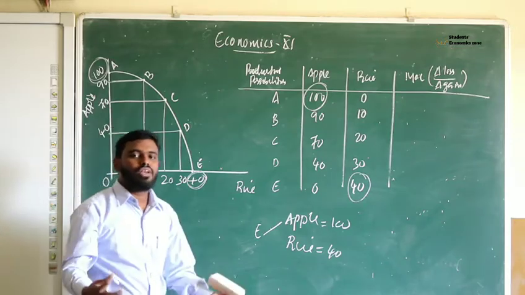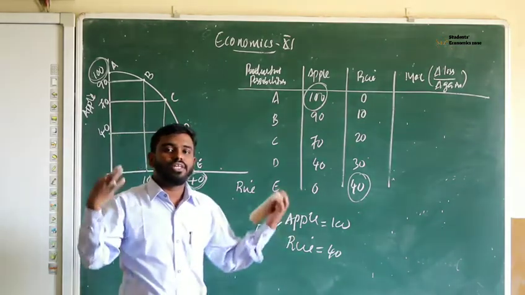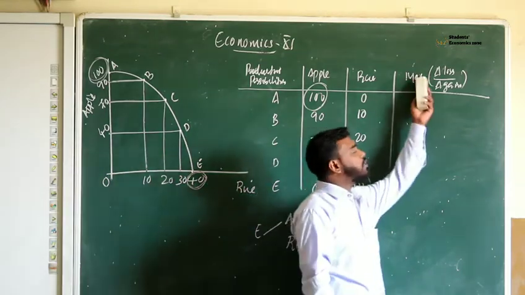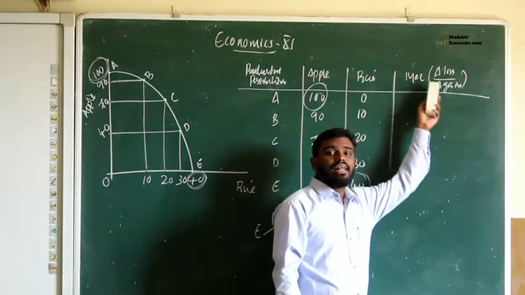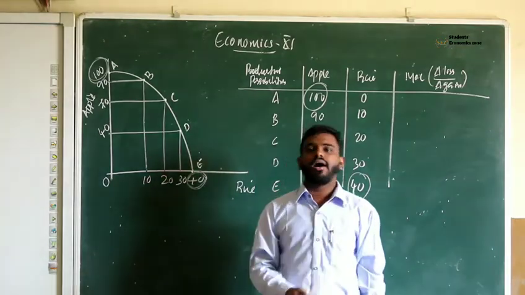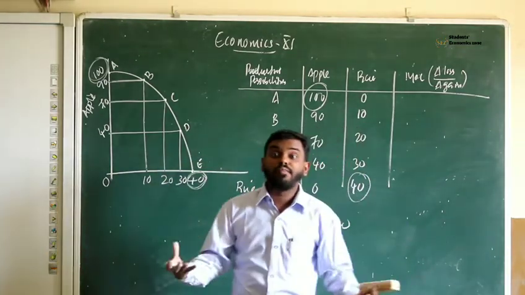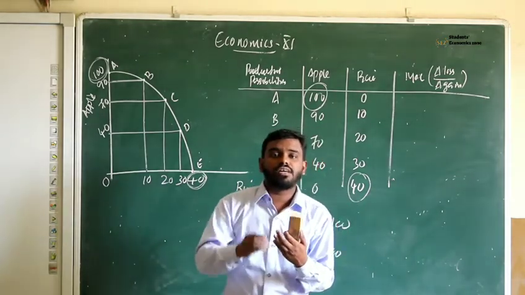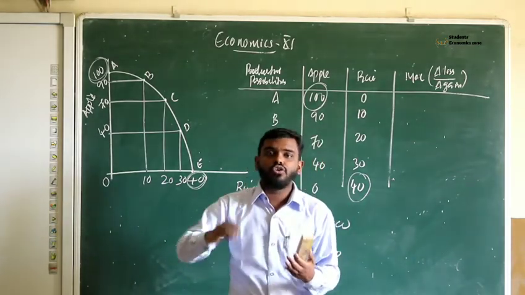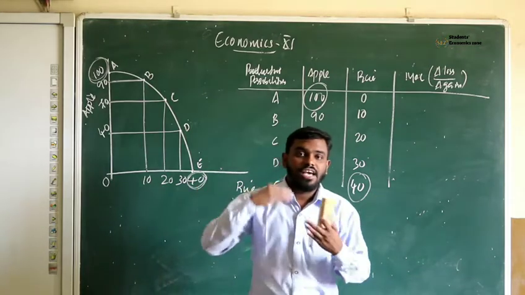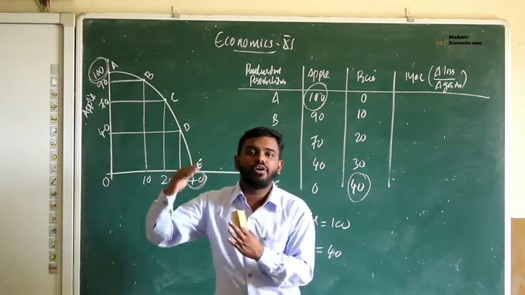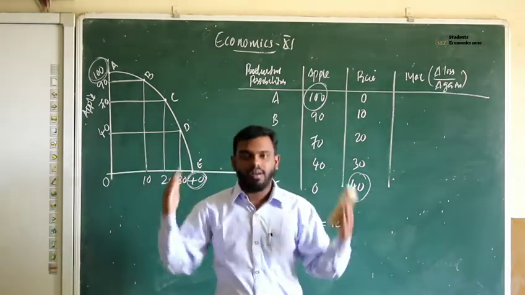Now we need to calculate marginal opportunity cost. How can we calculate marginal opportunity cost? Marginal opportunity cost is equal to delta loss divided by delta gain. When will marginal opportunity cost happen? When we transfer our resources from one use to another use, that is, when we transfer our resources from the production of apple to the production of rice.